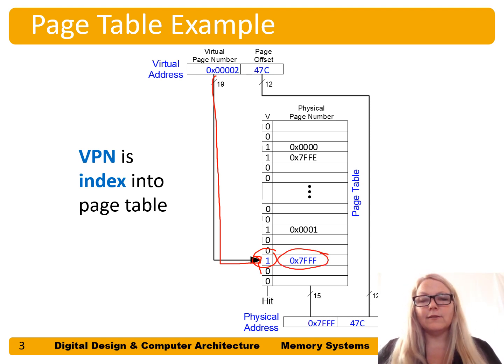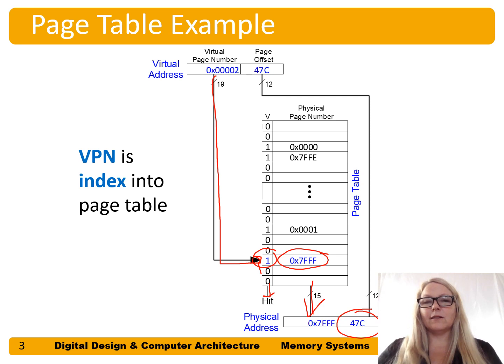And we find the physical page number, or that translation that we just used in that prior slide. And so we read that from this memory. We look at the valid bit to say if it's valid, if it's a hit. Yep, it is actually in physical memory. And we use that physical page number and then append our page offset to give us the physical address.